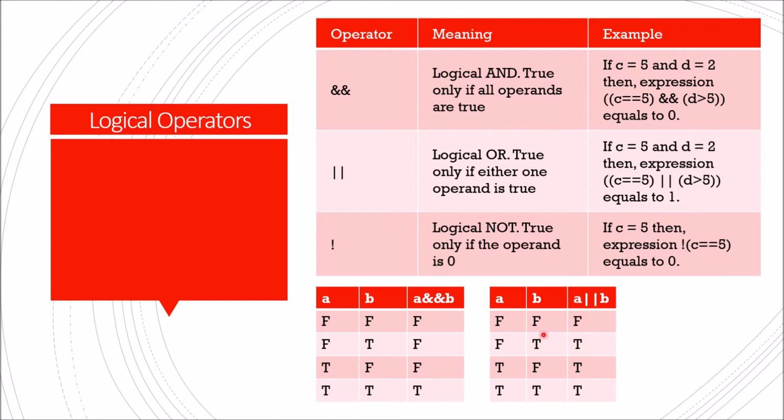So we have a true here, so the result is true. We have true here, so the result is true, and we have true and true. The final result is true. However, if all of the operands are false, the result will be false.